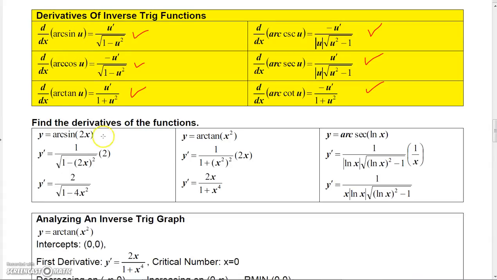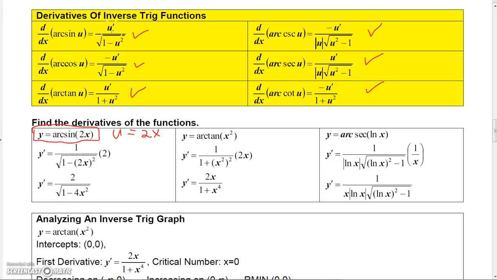But basically, if we wanted to apply these derivatives, let's say we wanted to find the derivative of arcsine of 2x. Well, in this case, u would be 2x. So the derivative of arcsine would be this one, and I would have u prime, which is just 2.